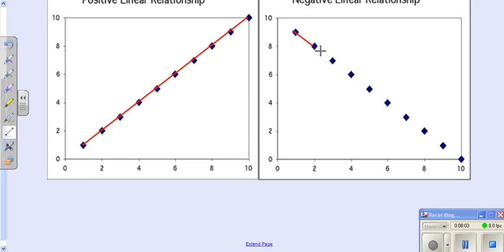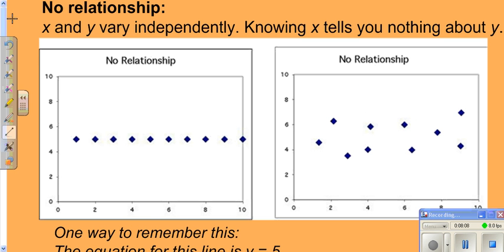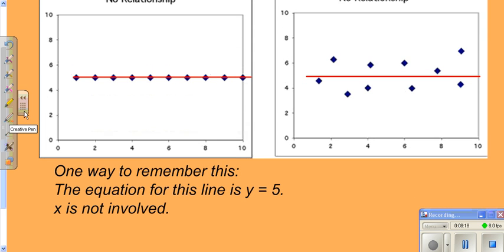And you have your negative association. As you go down to the right, it's a negative association. Once again, we had said if it's a horizontal line that it's no relationship. And each one of these would have a horizontal line at about the height of y equals 5. And when you have that, there's no x in it. And once again, when it's a horizontal line, it's no relationship, even though your data is linear.